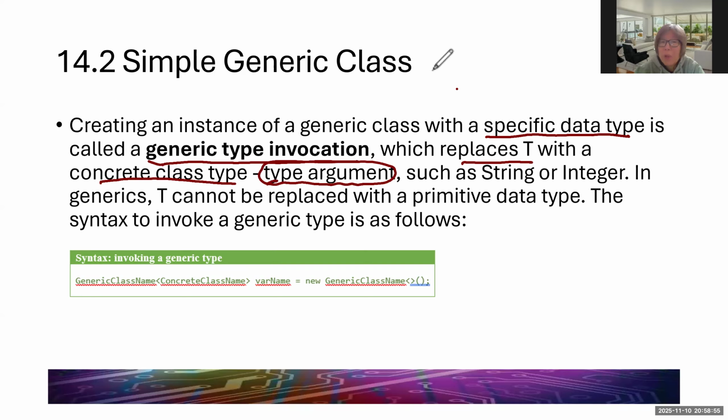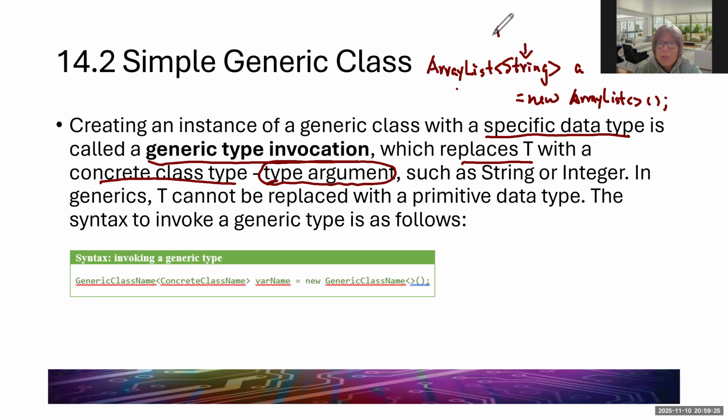If you recall, like previously I explained with ArrayList, if you want to use it, then you need to plug in a specific type. Suppose you call it A. Then you can do a new ArrayList, call the constructor, something like this. So you plug in, and this is the type argument.